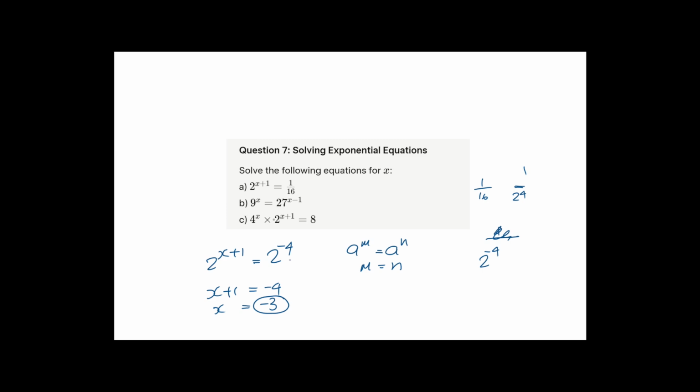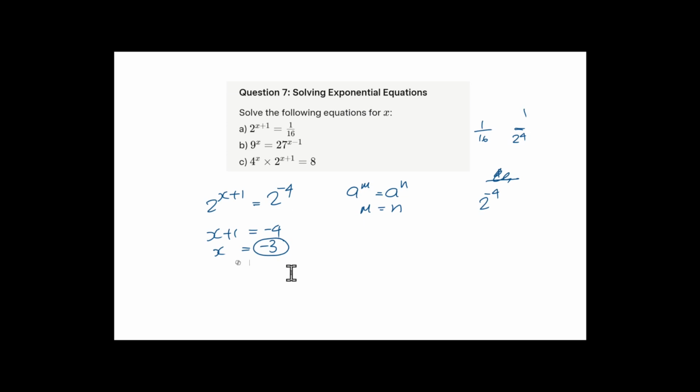We need a good base for this. So this one, let's make them both base 3. So 9 is 3 squared. 27 is 3 cubed.